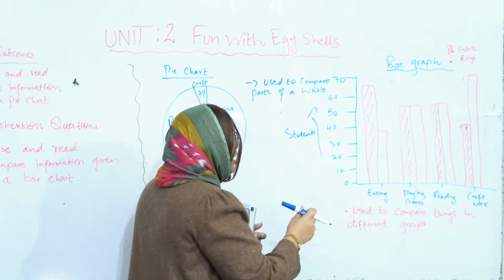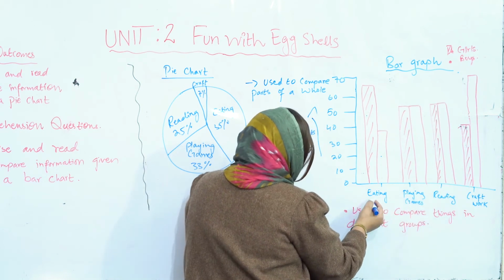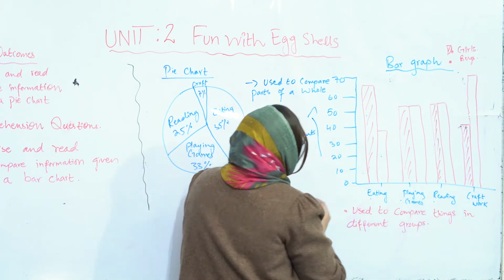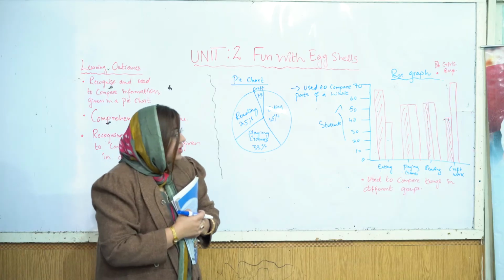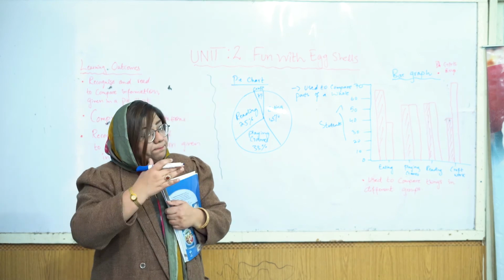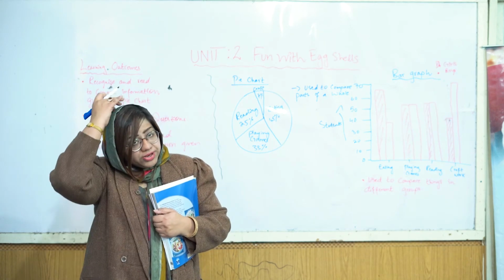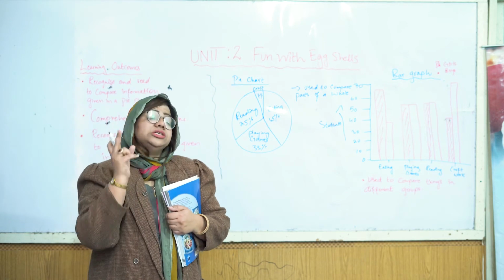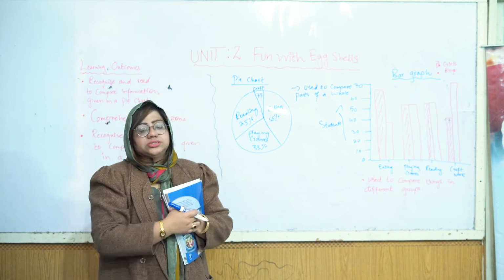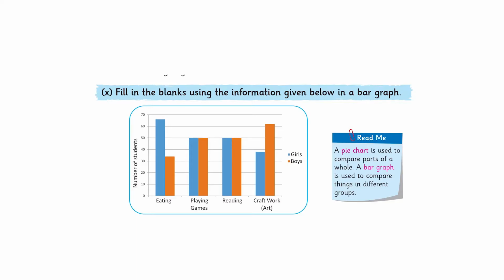Now, on the x-axis, they are eating, playing games, reading and craft work. Now, as we know, we have to compare things. A bar graph is just to compare, and in which do we compare? Yes, boys and girls. We need to compare boys and girls in relation to eating, playing, reading and crafting.